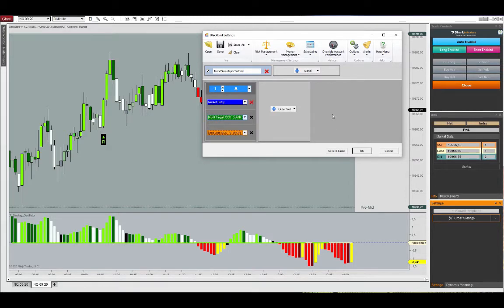Of course, with Blackbird, you have more flexibility available to you. We'll create a 2-lot order set here, so this way we can demonstrate some of the features on the trade management.